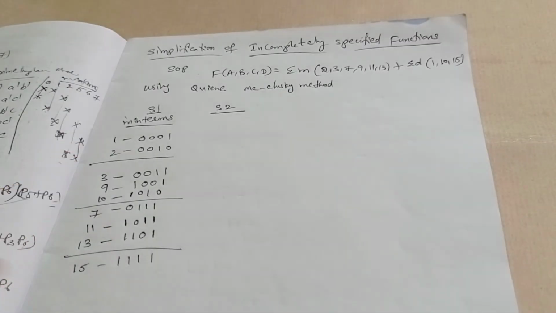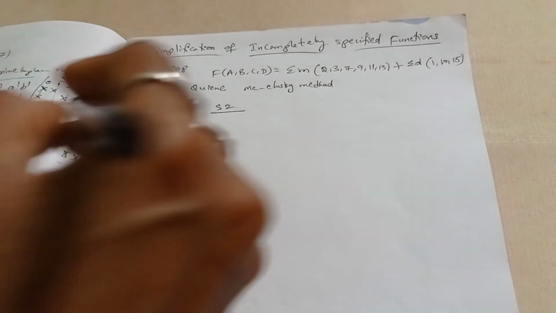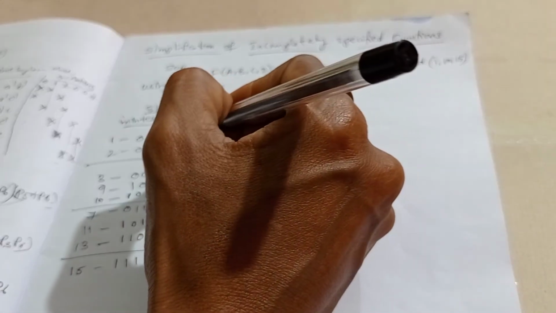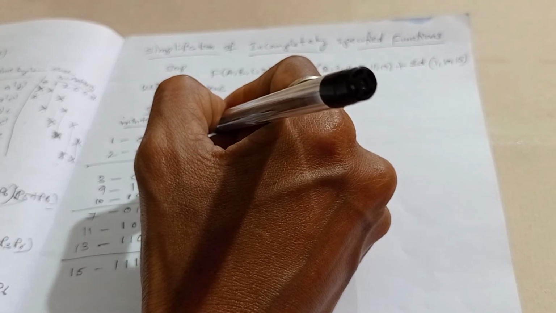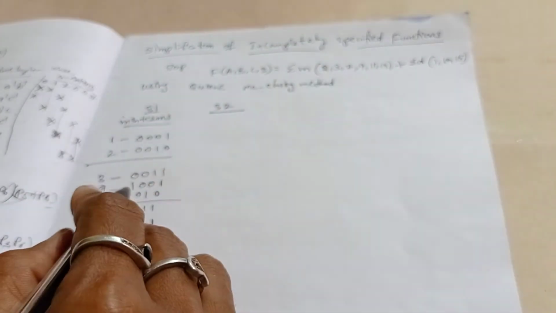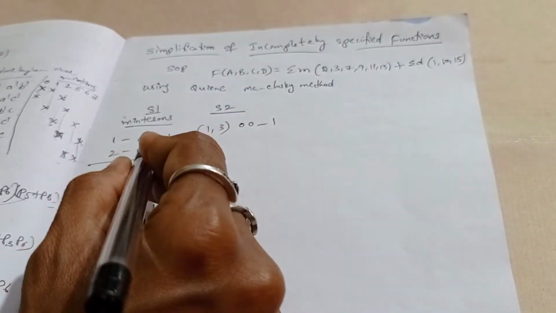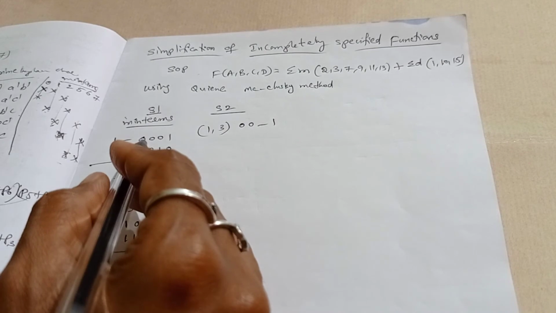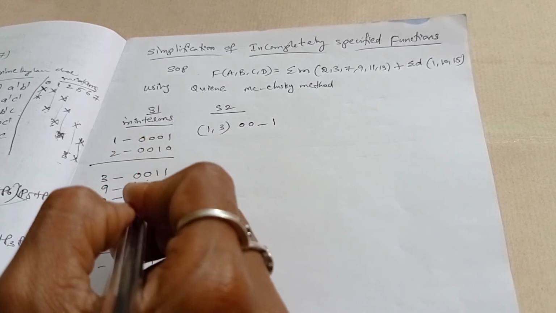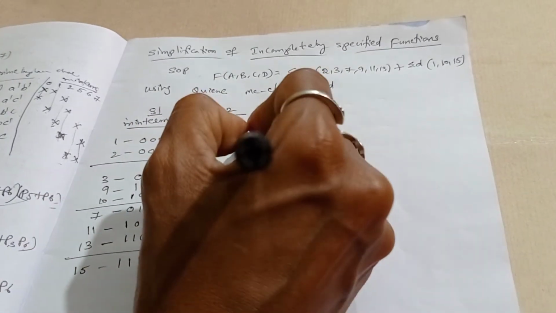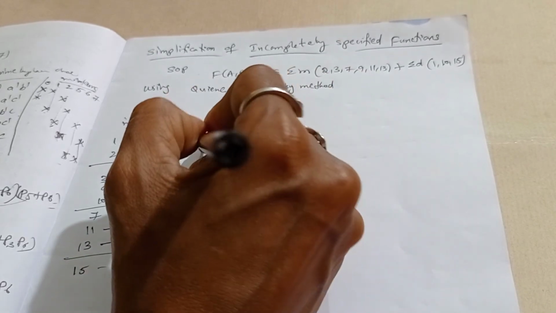Next, stage 2. Now go on, compare the two group minterms and pair, if there is only one change. 00-1, 1 comma 3. Next 0-01, that is 1 comma 9.